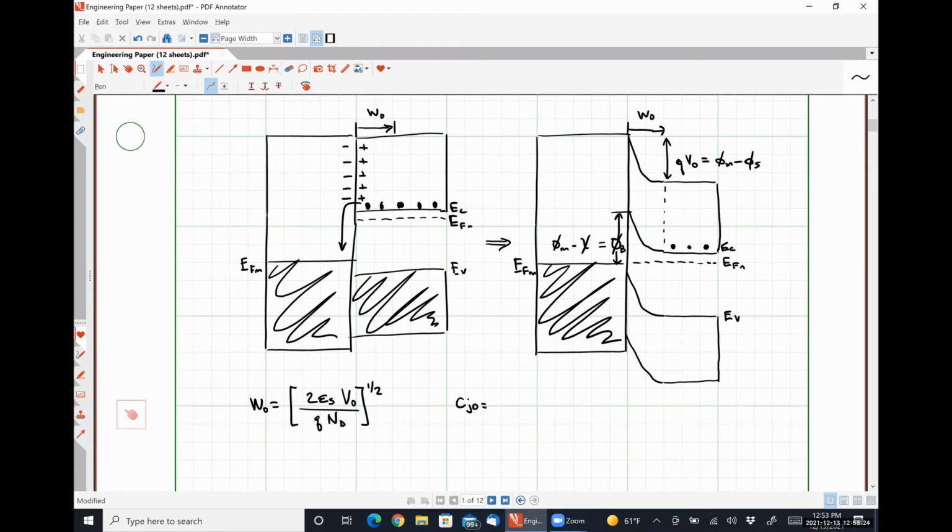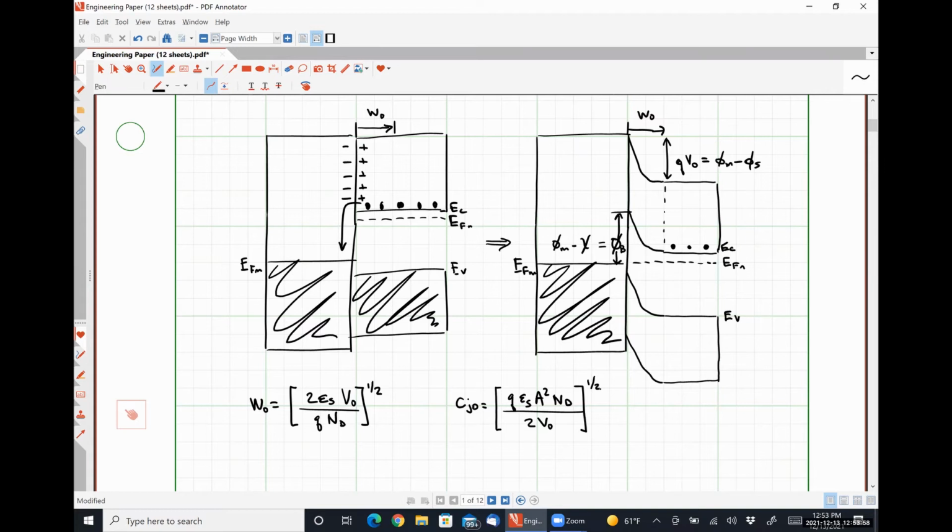So CJ naught will be the square root of Q epsilon sub S A squared times the dopant concentration divided by twice V naught. And that's just gotten literally by saying that this is a parallel plate capacitor and the plates are separated by a distance of W naught.